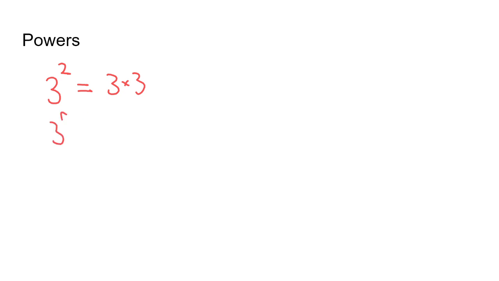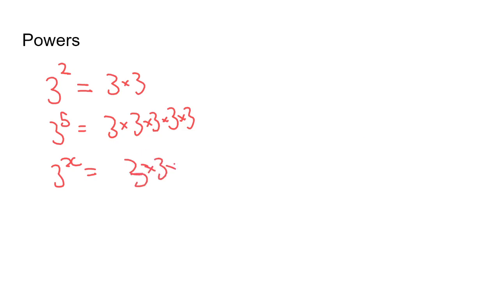If you have 3 to the power of 5, then that would just be 3 times 3 times 3 times 3 times 3, 5 times. There's 1, 2, 3, 4, 5 3s. Generally speaking, 3 to the power of x, where x stands for any number, would just be 3 times 3 times 3, and there's going to be an x amount of 3s.